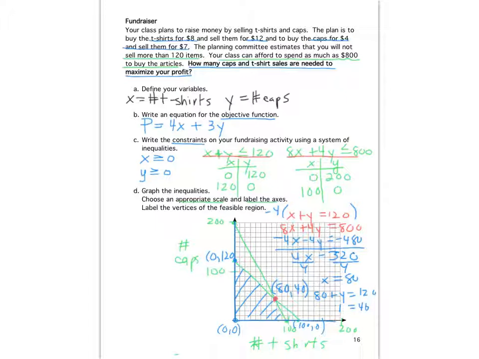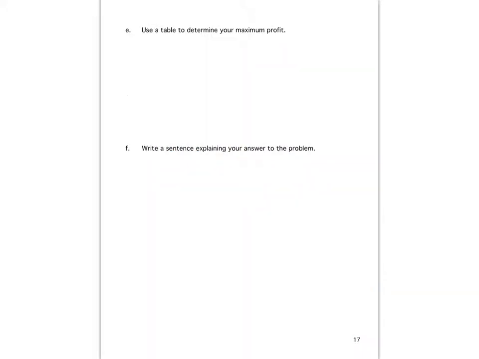All right, so now we've got everything we needed based on what we saw from the first two problems, and we're going to finish up the problem, which shows the last two pieces on the next page. Over here on the next page, let's make a table, and I'm going to take those vertex points that we just saw on the graph on the previous page, and I'm going to list them here.